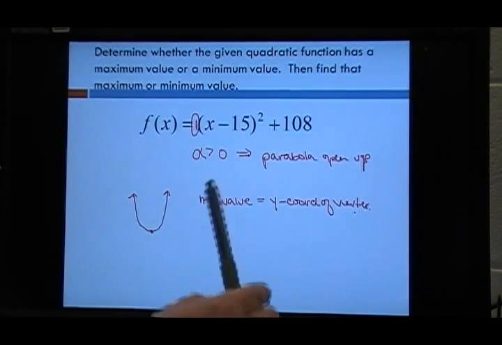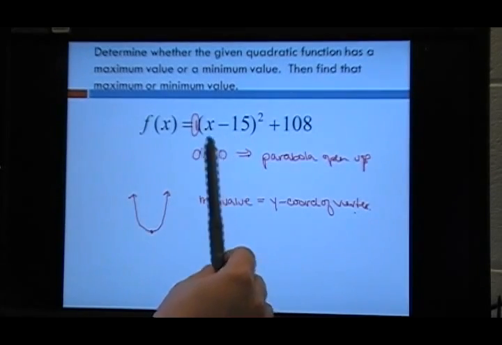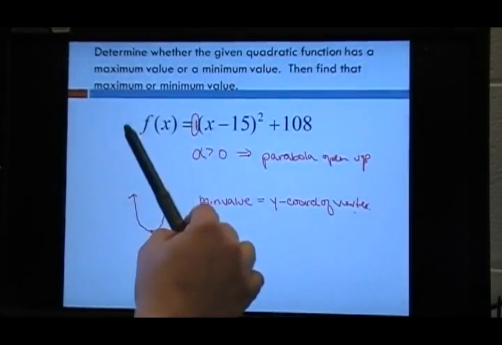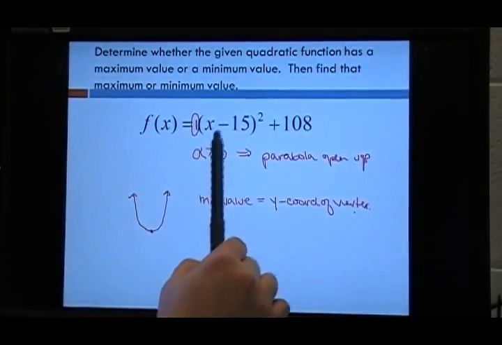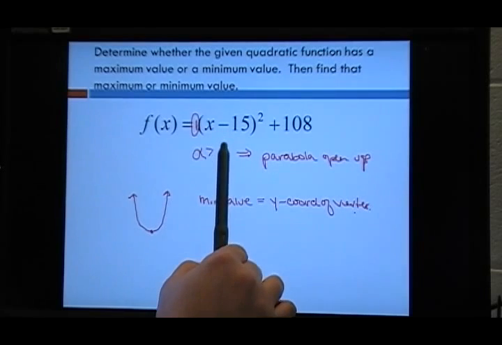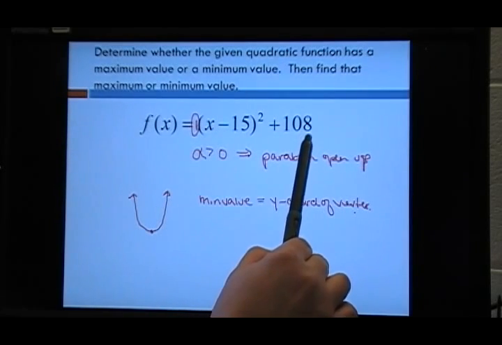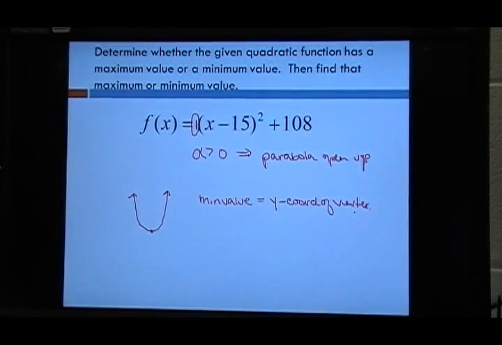And if you think back to what we were doing in the last chapter, if you're given the function in this form, then the number that makes inside of here equals 0, that's the x coordinate of the vertex, and this number here is always going to be the y coordinate of the vertex. So there's really no work to do in this case, because the y coordinate of the vertex is 108. So our minimum function value is at y equals 108.